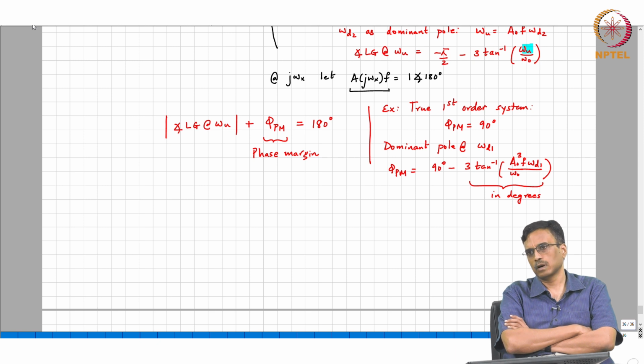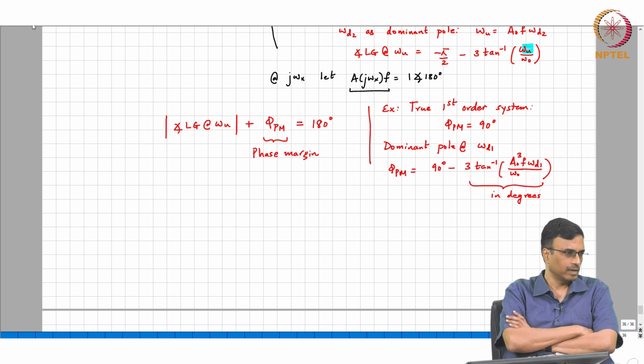And what comment can you make with regard to unity gain bandwidth of the closed loop system? It increases, right? So, like everything else, there is a trade off. In other words, what this discussion is telling us is that there is nothing holy about making a system behave like a true first order system.